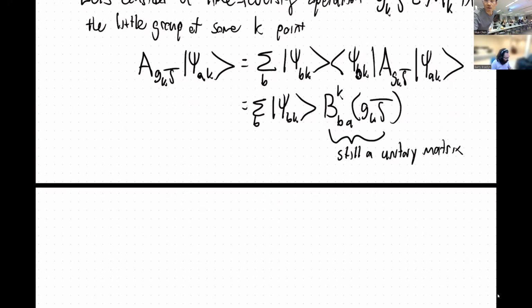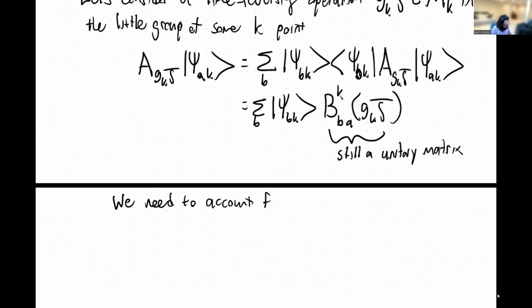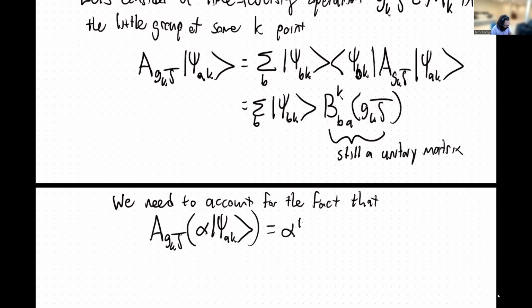Okay. So we need to account for the fact that if we multiply our states by a complex number and then act with our anti-unitary symmetry, this is equal to acting first with our anti-unitary symmetry and multiplying by the complex conjugate of that complex number.